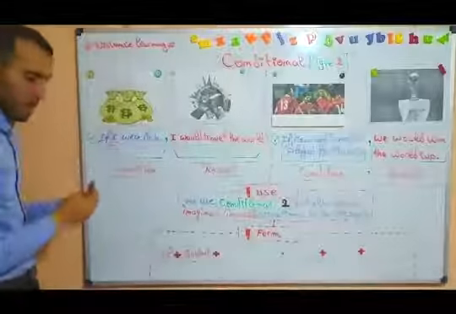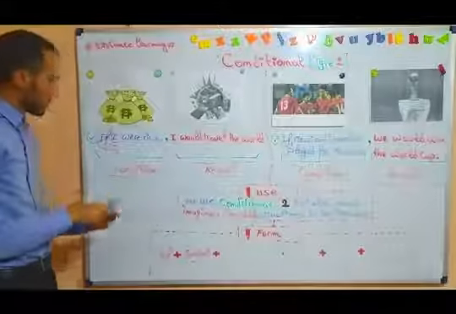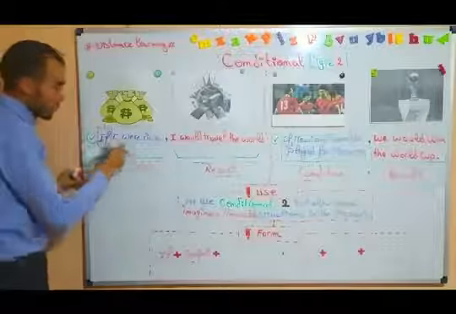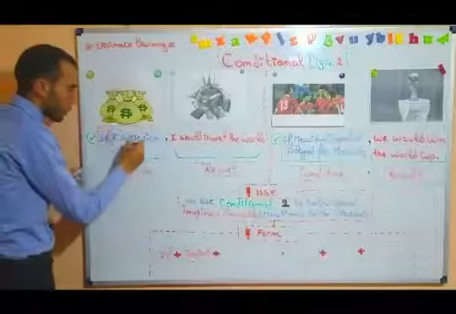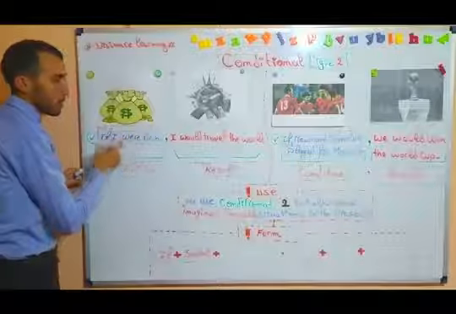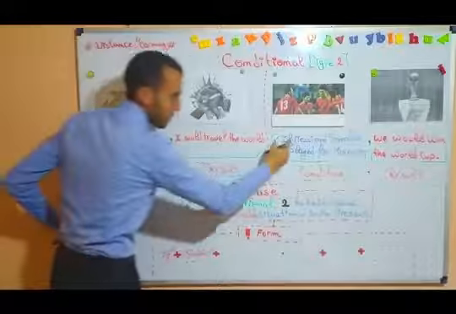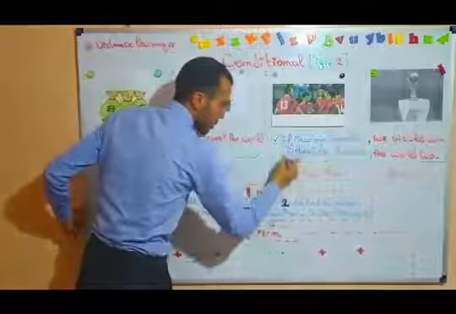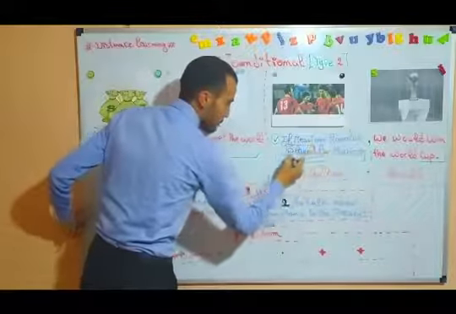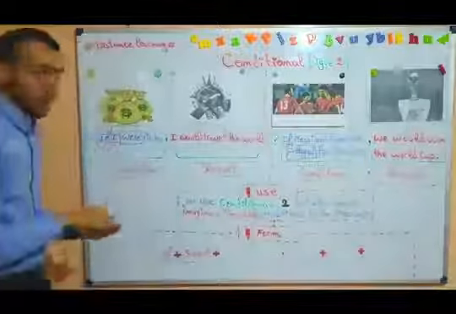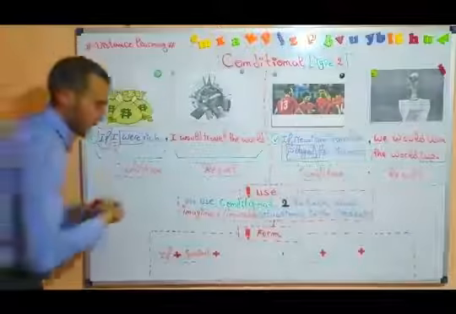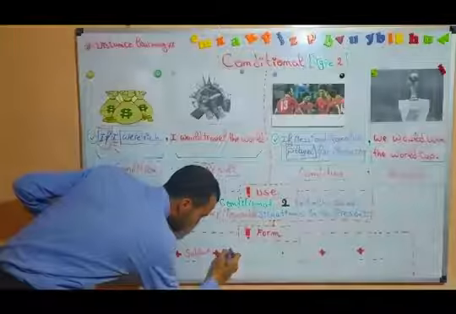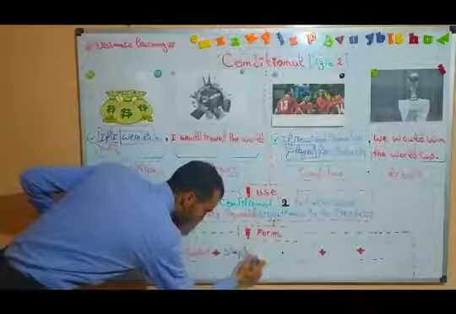And then, the most important thing we need to pay attention to, which is the verb form. The verb form that goes with the if. Within conditional type 2, it's the simple past. Simple past tense.